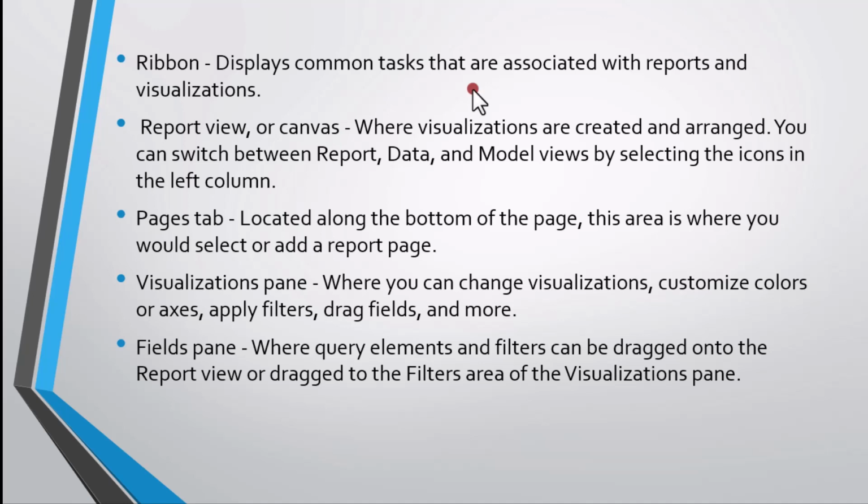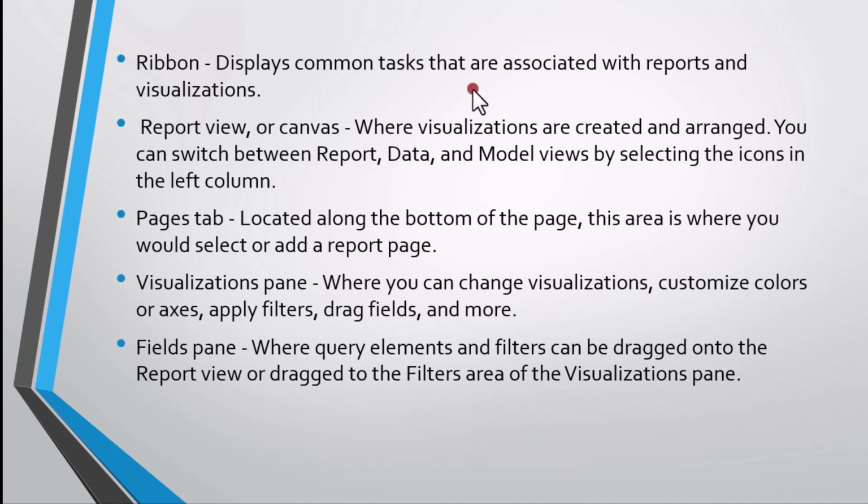The next one, which is number 2, is the report view or canvas. Subsequently, if you hear me say canvas, don't ask what is canvas. Canvas is where visuals are created and also arranged.